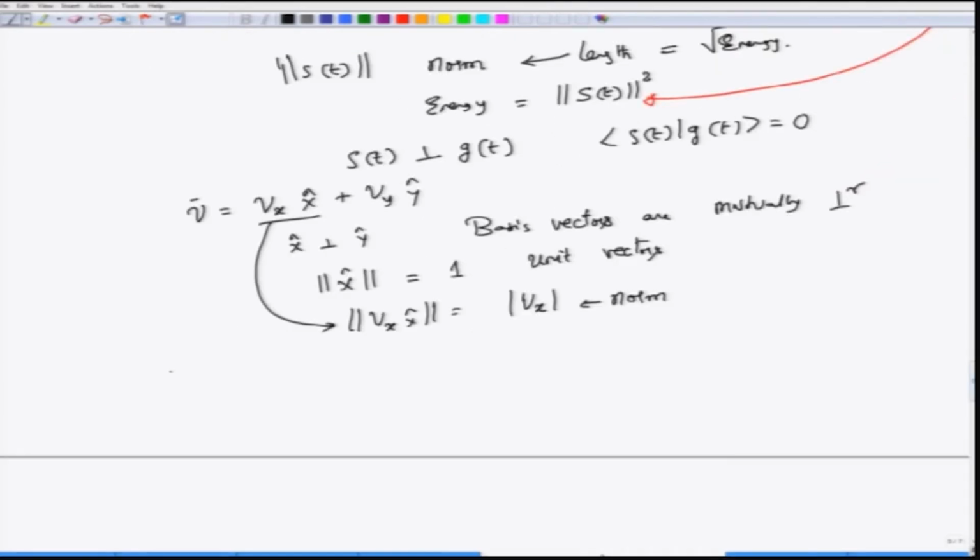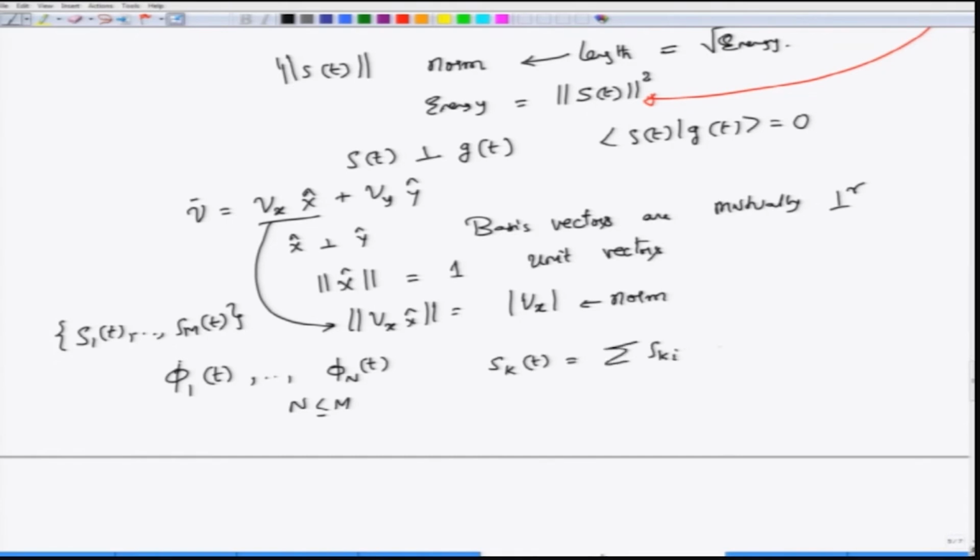Now, you go back to the signal space that we talked about. We had signals s1(t) through sm(t), there were m signals, and we said that if we could find n basis functions phi 1(t) to phi n(t), with n being less than or equal to m, then I can expand any signal sk(t) as a combination of these basis functions phi i(t).